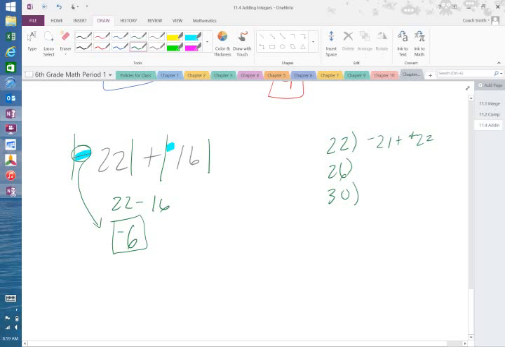Okay, so they have negative 21 plus a positive 22. Brandon, what did you get for that answer? 1. That is correct. The reason it's 1 is because we have a positive and a negative, so we subtract 21 and 22. So 22 minus 21 is 1. The larger absolute value is the positive, so it's positive 1.